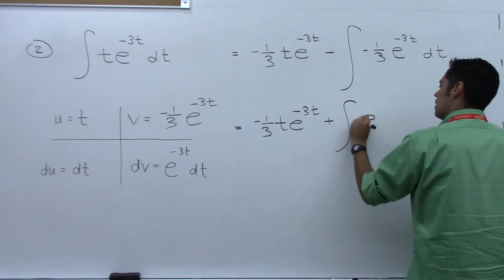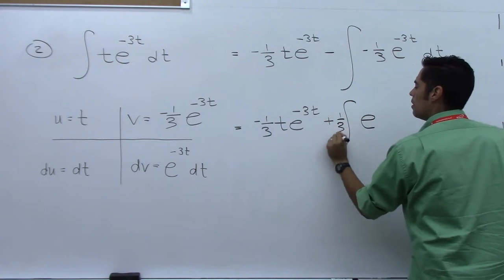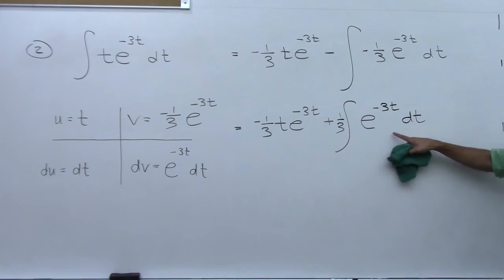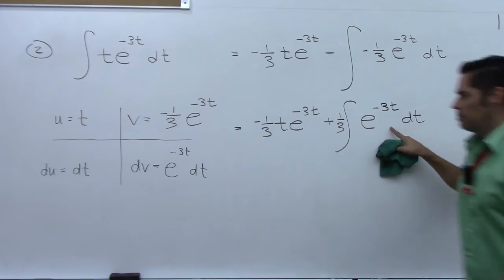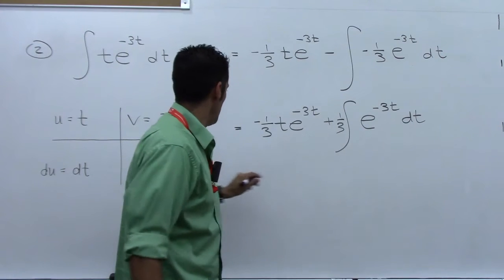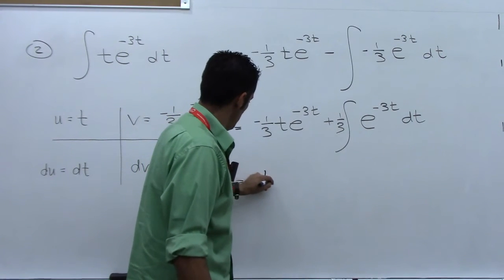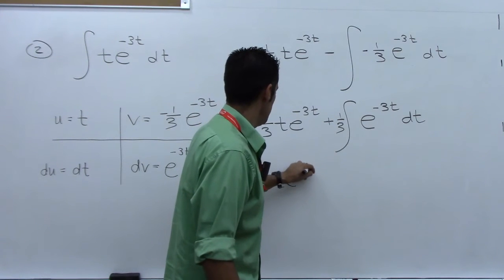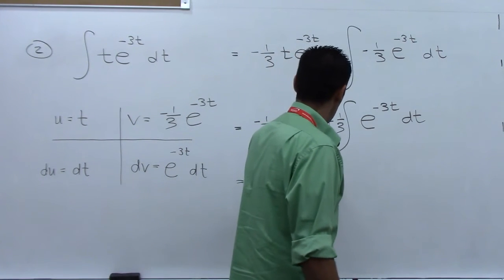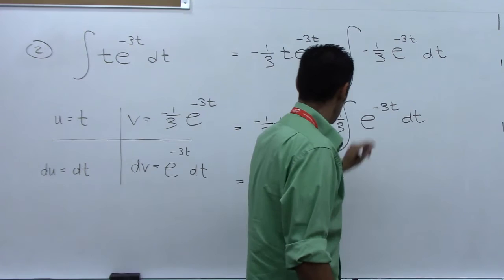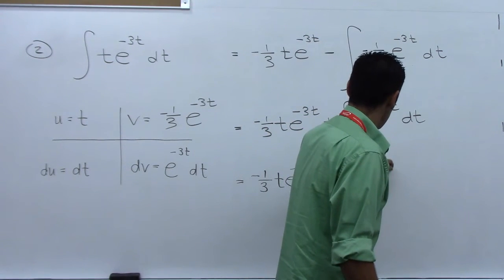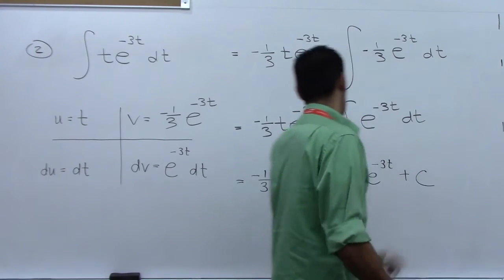Integral of 1/3 e to the negative 3t dt. We just did this integral, so we know what this one turns out to be, but we have a plus 1/3 in front. So negative 1/3 t e to the negative 3t plus 1/3 times the antiderivative of this, negative 1/3 e to the negative 3t plus some constant.